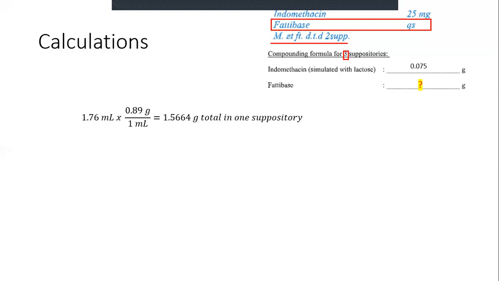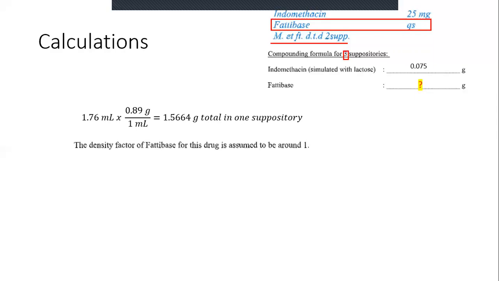This gives us a weight of 1.5664 grams of fatty base in 1 suppository. That would be the amount of fatty base needed to fill up 1 suppository mold completely, and does not account for any medication or API such as indomethacin, which we are planning to add in.